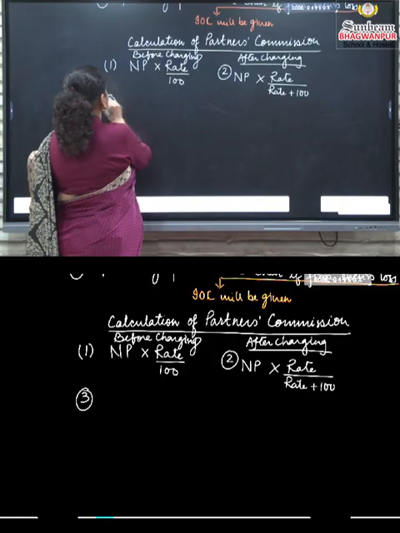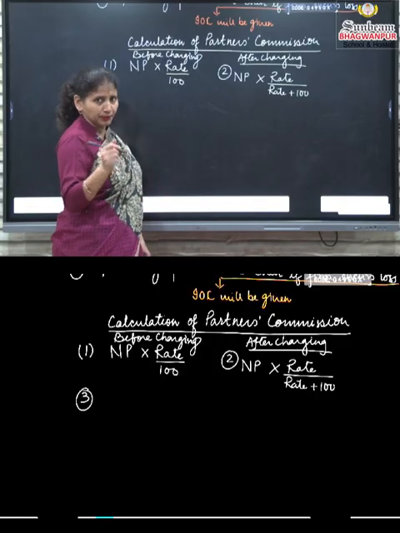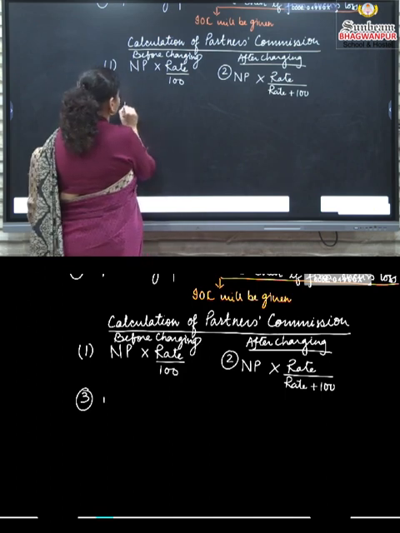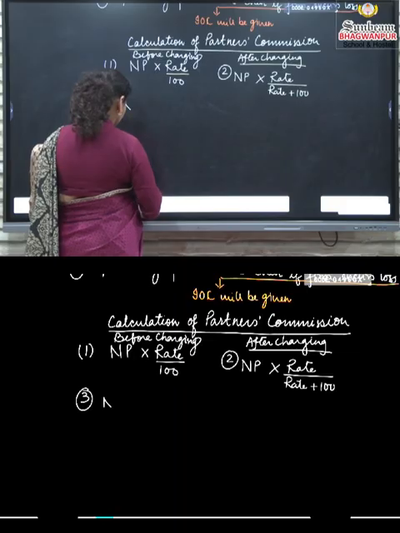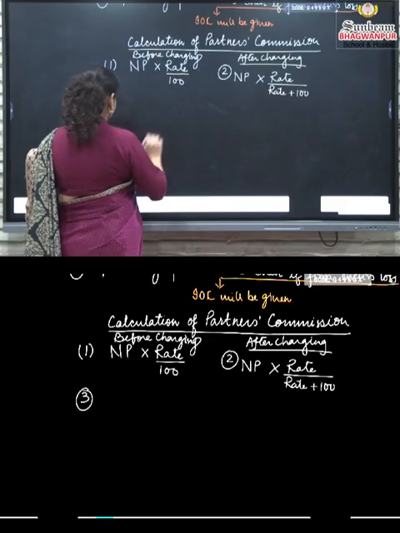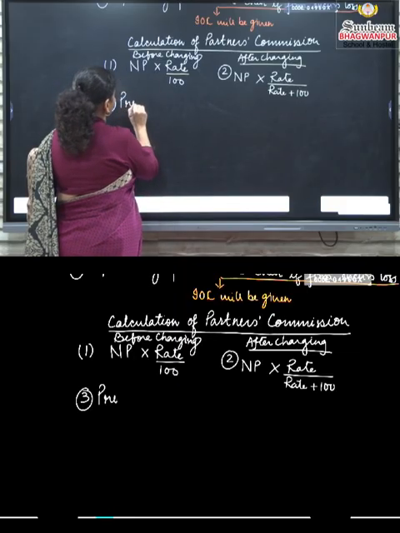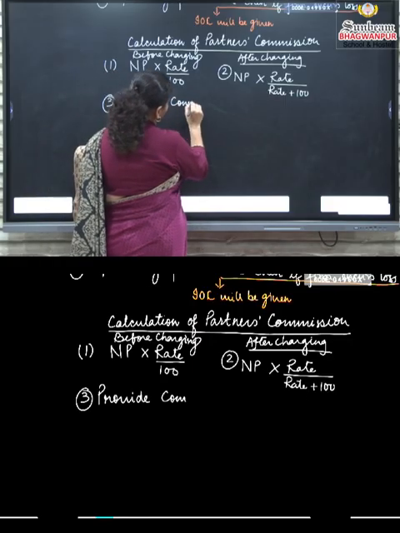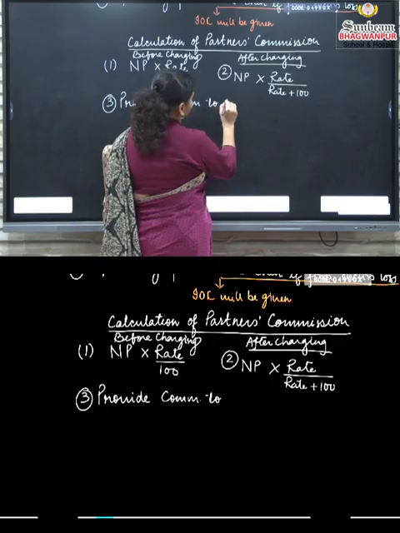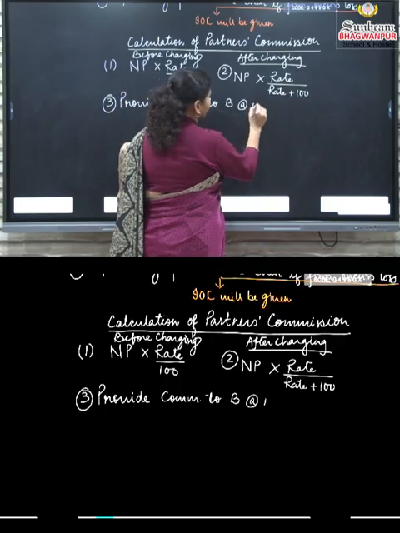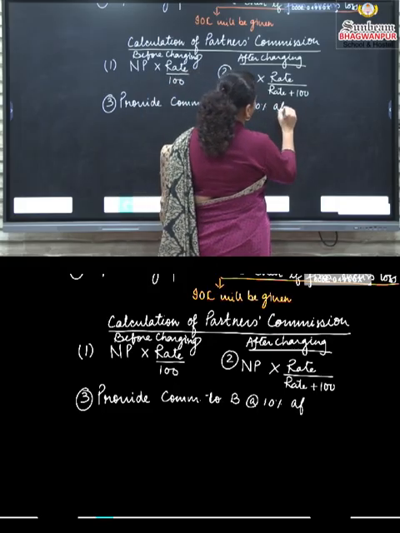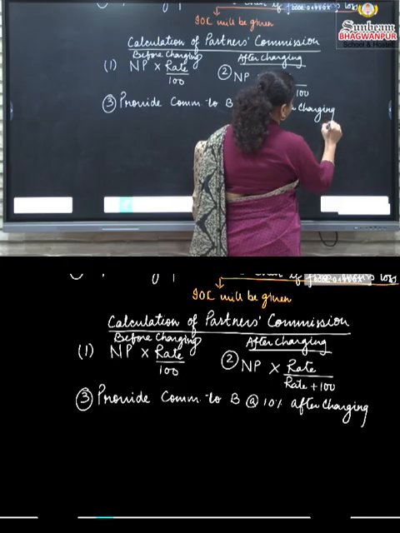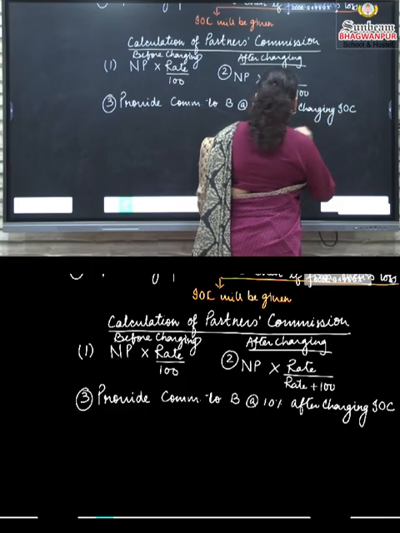Third case: provide commission to B at the rate of 10% after charging interest on capital.